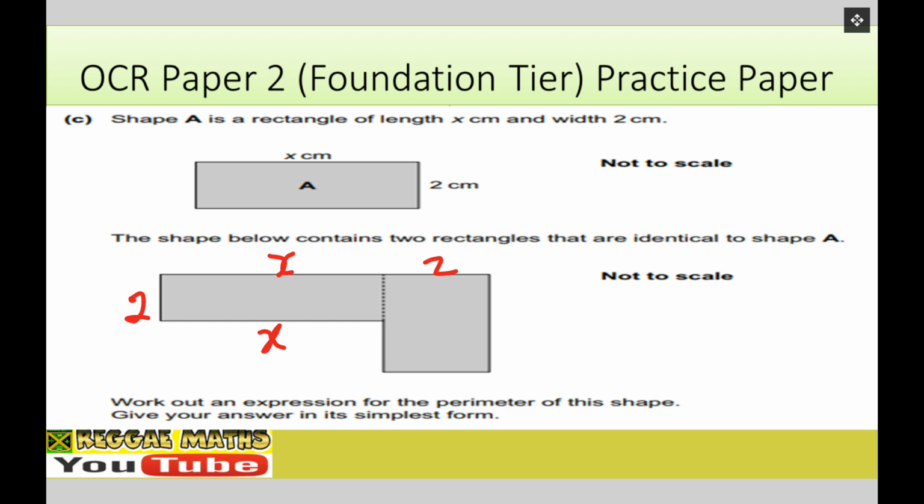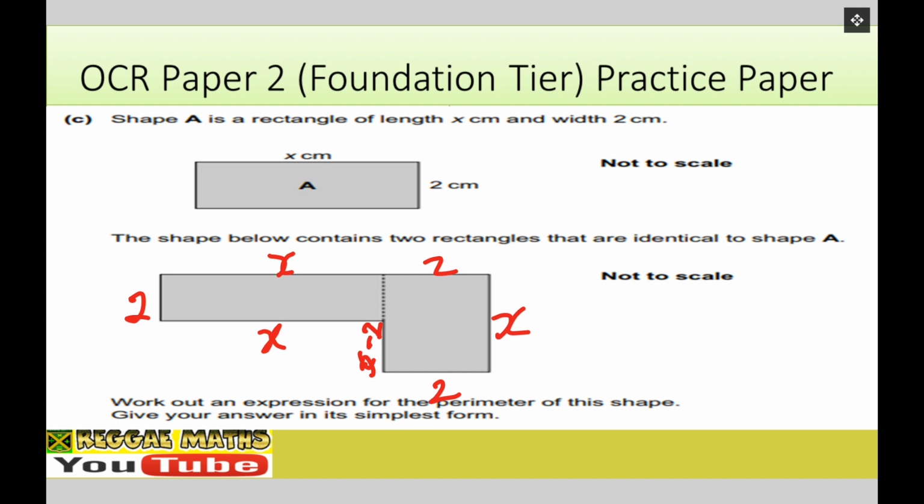That's going to be 2. That's going to be x. Okay, and this bit here will be x minus 2. Sorry for the shape, because I've stretched it out.